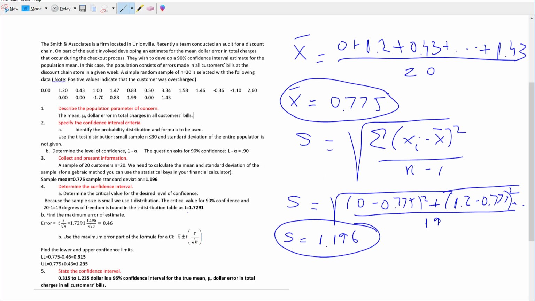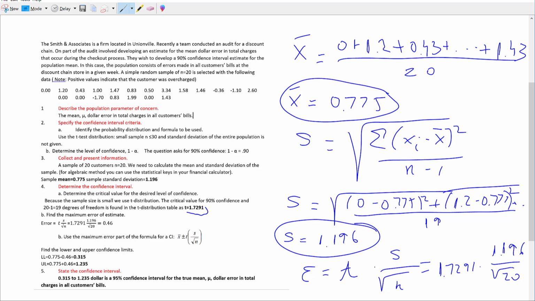So the t value, once more, we read from the table as 1.7291. And now we calculate the error. The error will be the critical value for t times the standard deviation of our sample over the square root of n. So when we plug in our formula, it will be 1.7291 times the standard deviation 1.196, divided by the square root of 20.